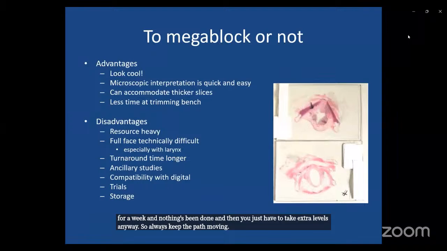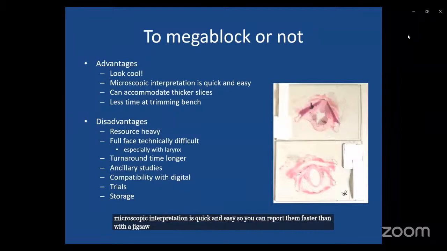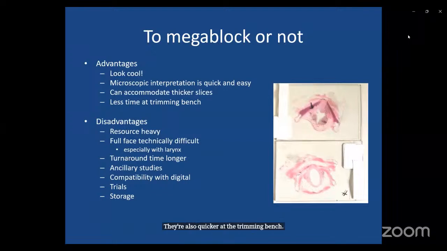Mega blocks are ideally suited for laryngectomy specimens. The microscopic interpretation is quick and easy, so you can report them faster than with a jigsaw puzzle approach. They're also quicker at the trimming bench because you don't have to trim them down, and they can accommodate thicker slices.